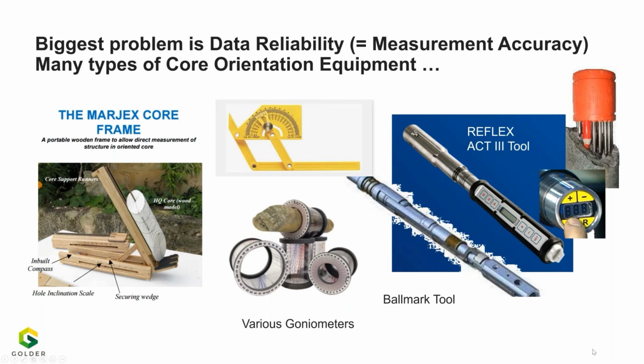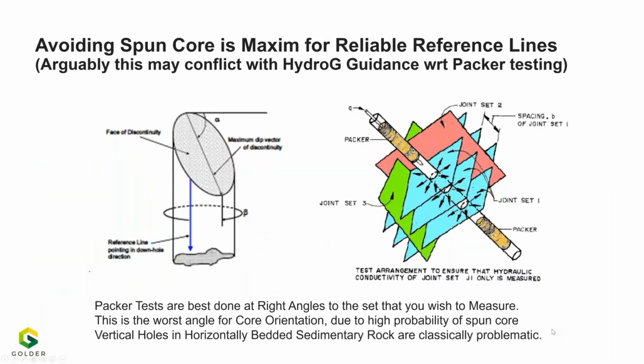We've got a number of tools that we use to collect StereoNet data and joint data, varying from simple hand tools, goniometers, through to more sophisticated. But these are also influenced by whether we are drilling at right angles to the fracture set.